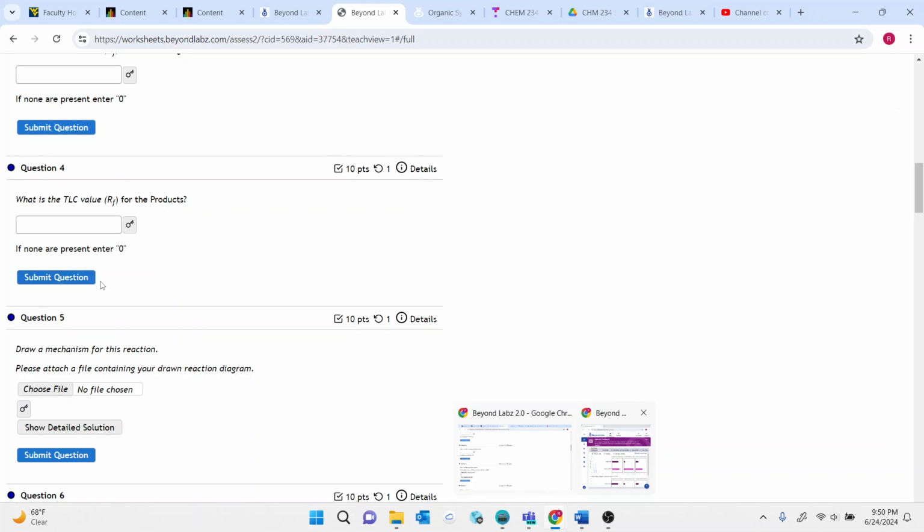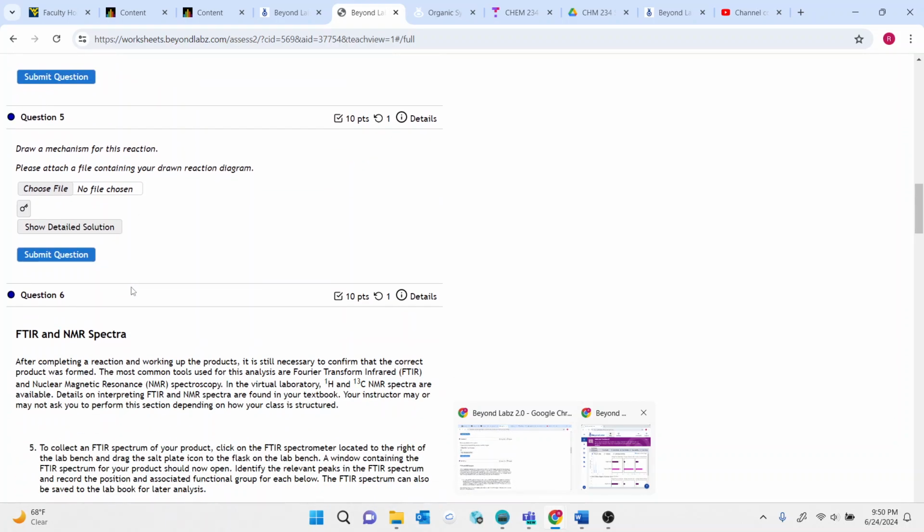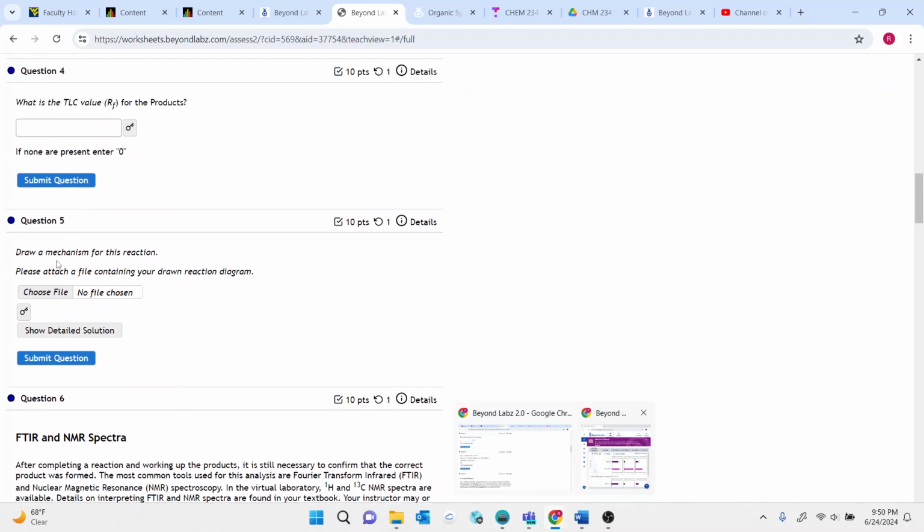You have to hit submit question every single time, or else it's not going to save your answer. There are some written-answer questions, specifically for the mechanism, and in this case, all you need to do is write it down, take a picture of it, and attach it. If the file is too big, try to make it small whenever you save it.